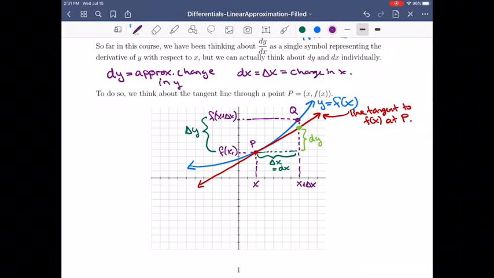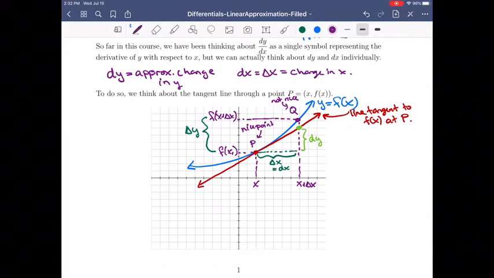So we're using the tangent line at a, so we think of P as a nice point, something that we know, and maybe Q is a not nice point. Maybe I want to know the y value at Q, but it's hard to compute. What I can do is take my tangent line at the nice point and try to find the y value at the x value I'm interested in on that.